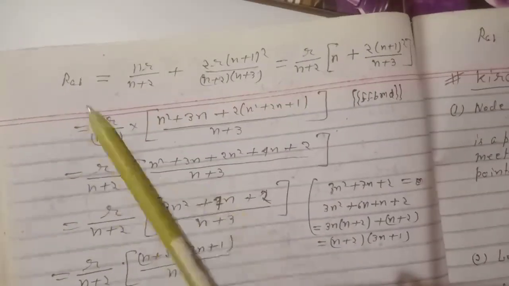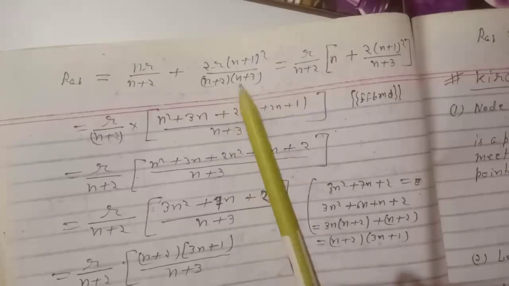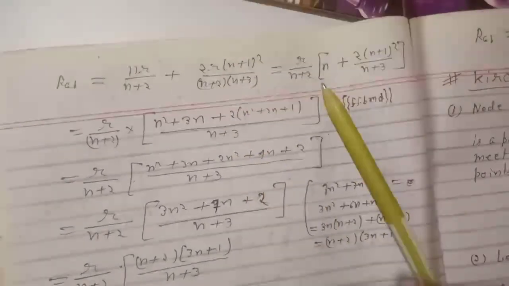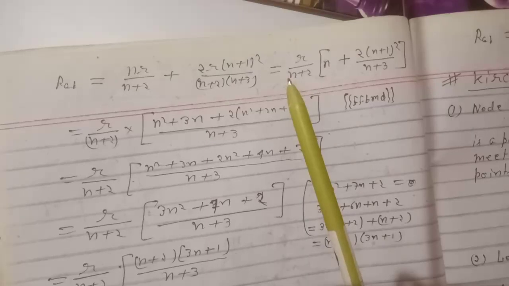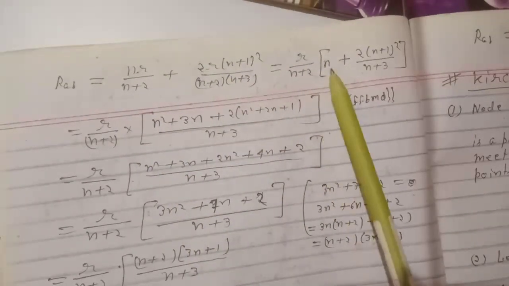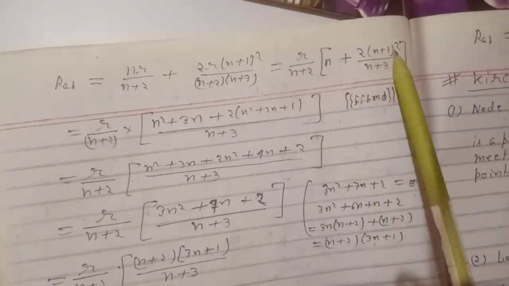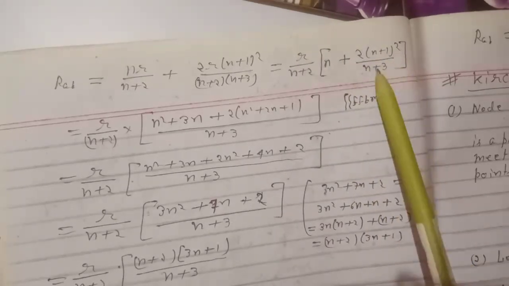So RAB will be equal to NR by (N plus 2) plus 2R into (N plus 1) whole square by (N plus 2) into (N plus 3). Taking R by (N plus 2) common from both terms, we are left in the bracket with N into (N plus 3) plus 2 into (N plus 1) whole square, divided by (N plus 3).